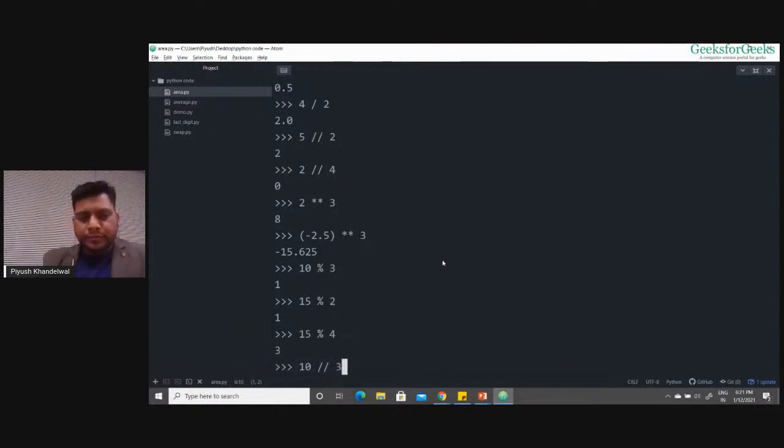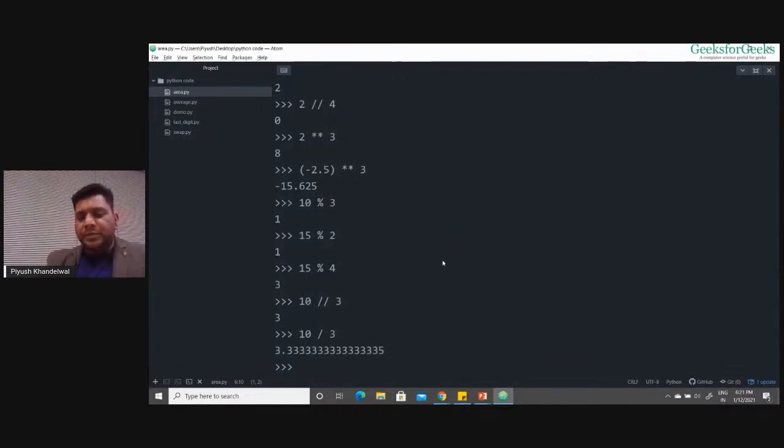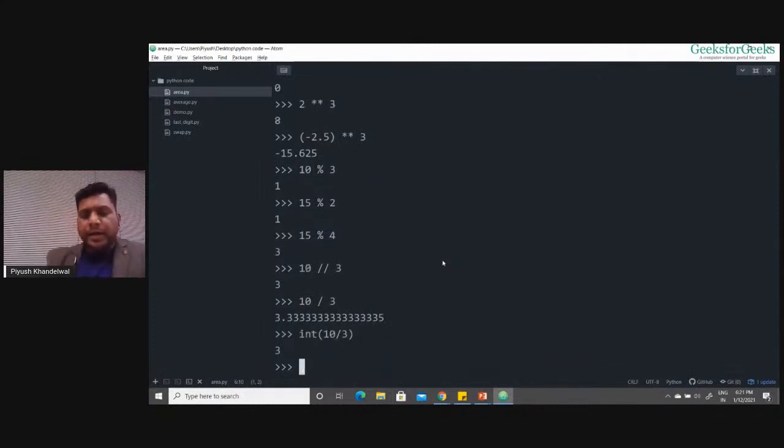The result is 3. Now if I do 10 float division 3, it gives me this value. And if I pass this value to the int function, it will give me the same value which I was getting by integer division. So with the help of float division and the int function, I can have the same results which are given by the integer division operator.